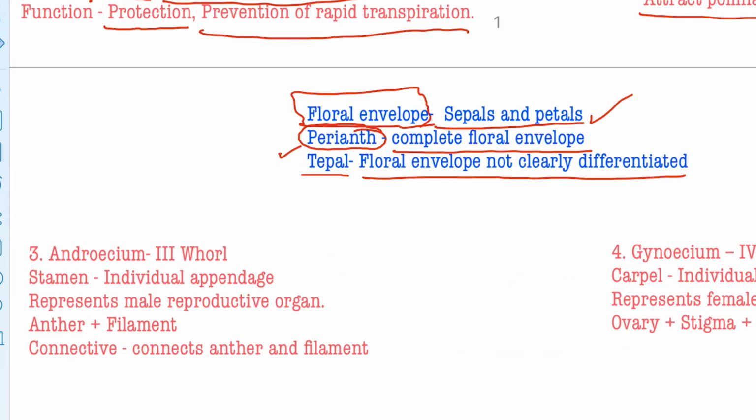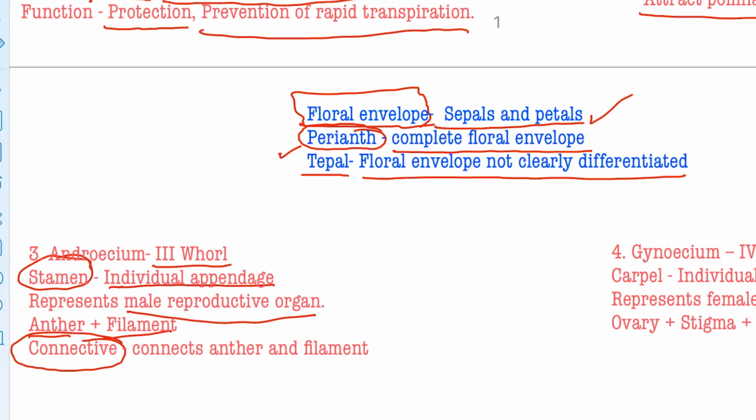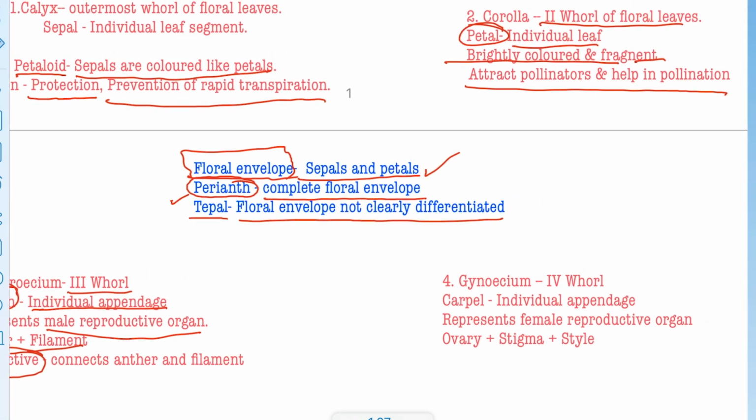The third one is androecium. It is the third whorl, and if an individual appendage is present, it is known as stamen. Stamen represents the male reproductive organ, and it consists of two parts, anther and filament. Anther and filament are connected through a portion known as connective.